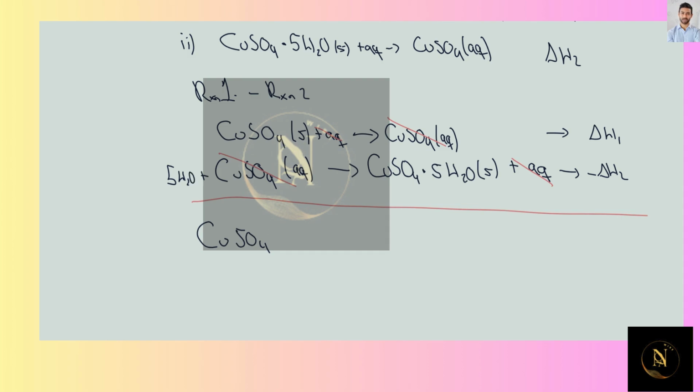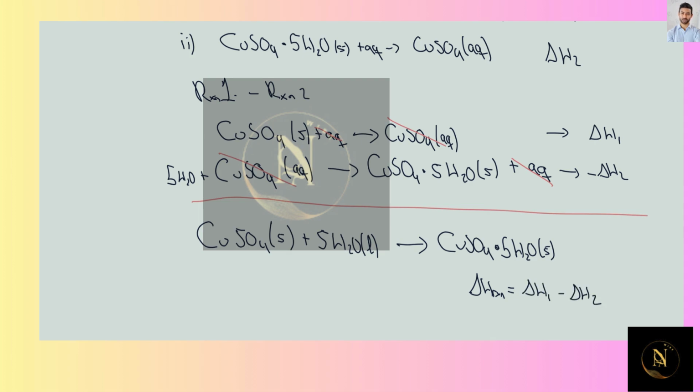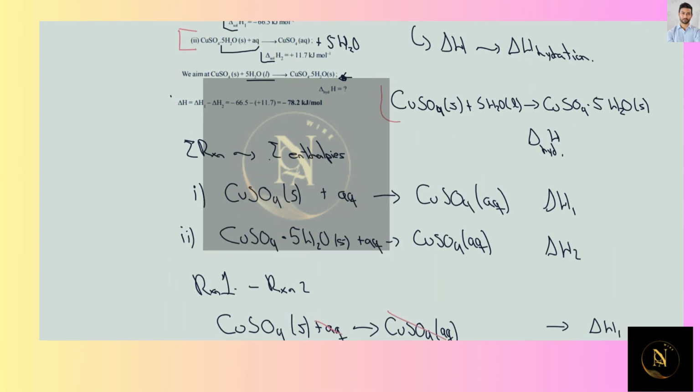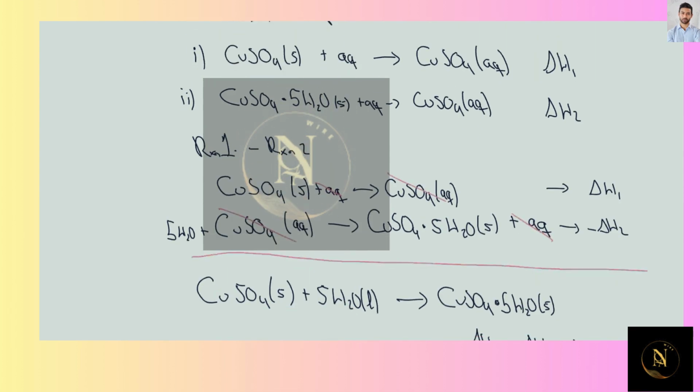Okay, so the overall reaction would be the one that we have here, producing copper sulfate pentahydrated. And the delta H for this reaction is going to be delta H1 minus delta H2, which is, as we can see here on the image, equal to minus 78.2 kilojoules per mole.